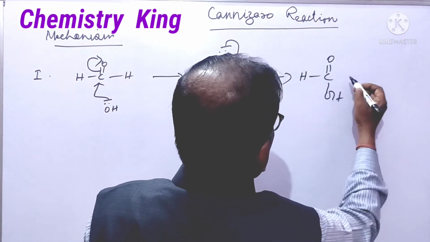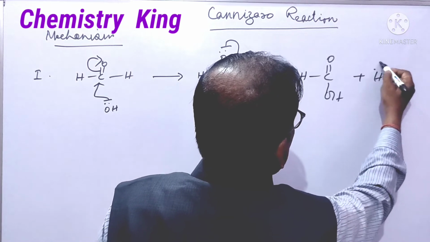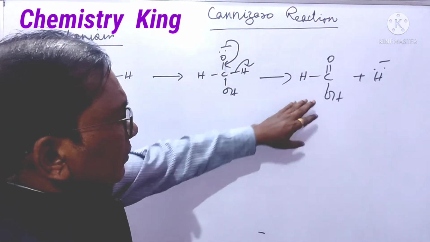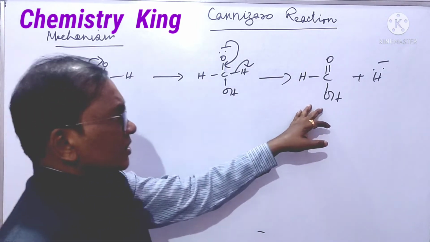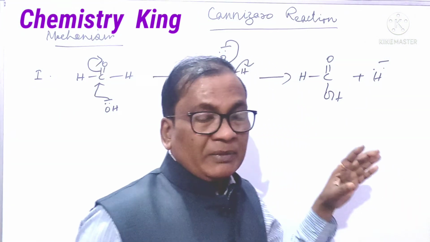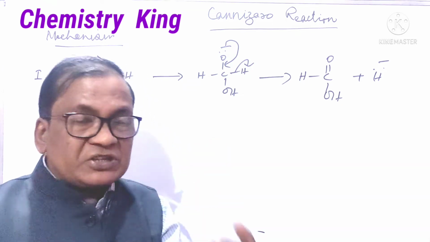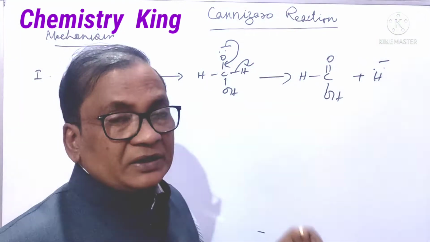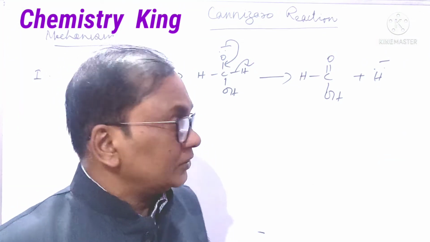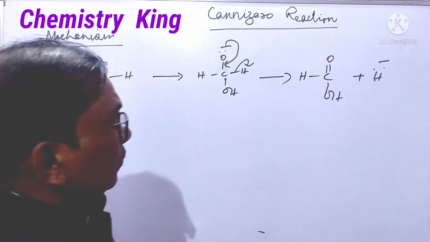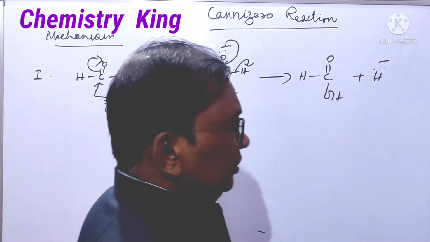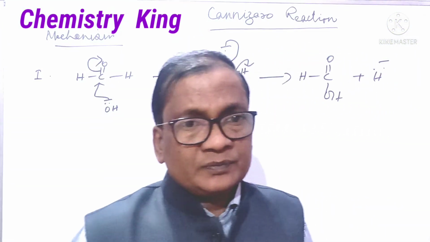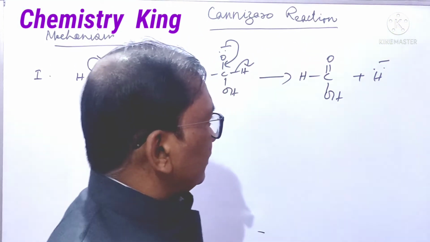It is formic acid plus this hydride ion. Friends, this is the oxidized form: the first molecule is oxidized and you get formic acid. But sodium hydroxide base is here, therefore you will ultimately get it in the form of salt. Okay? One thing happened, means oxidation of formaldehyde has taken place.